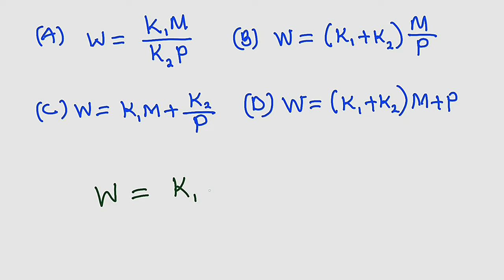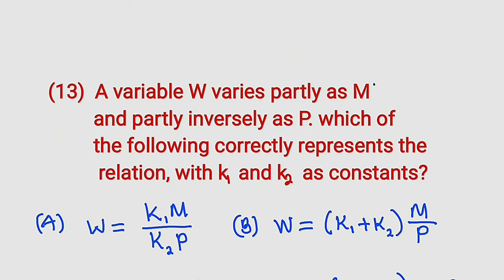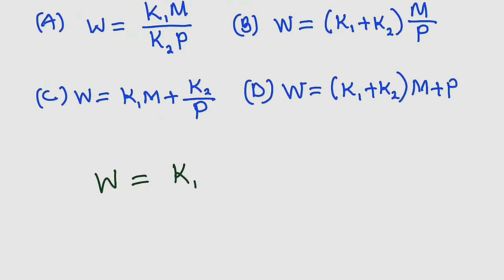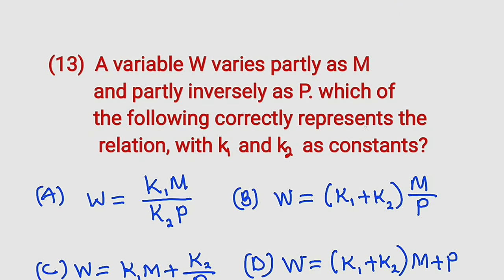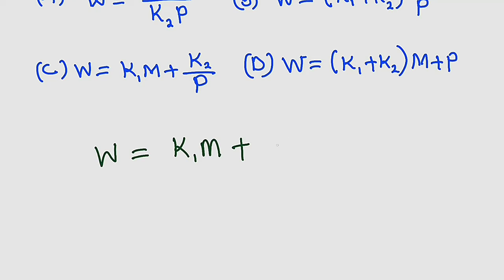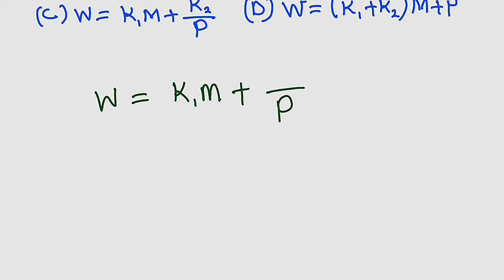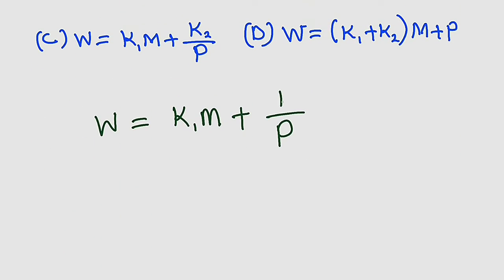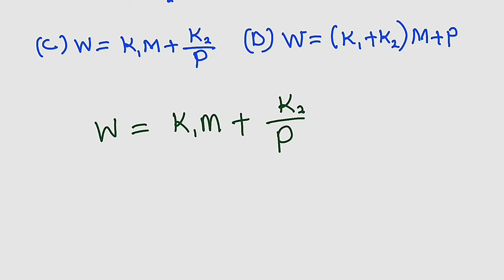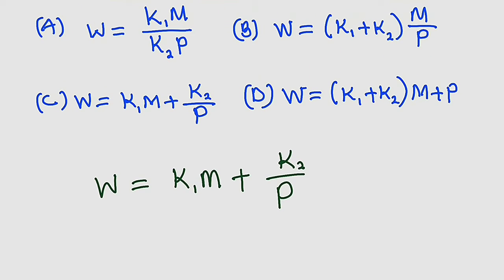So the first constant is K1, and it is directly proportional to M. So we have M here. And partly inversely, so it is inversely proportional to P, right? Yeah, you can see that here, inversely proportional. Then you attach your second constant to the top, that is K2, which I think is option C right here.